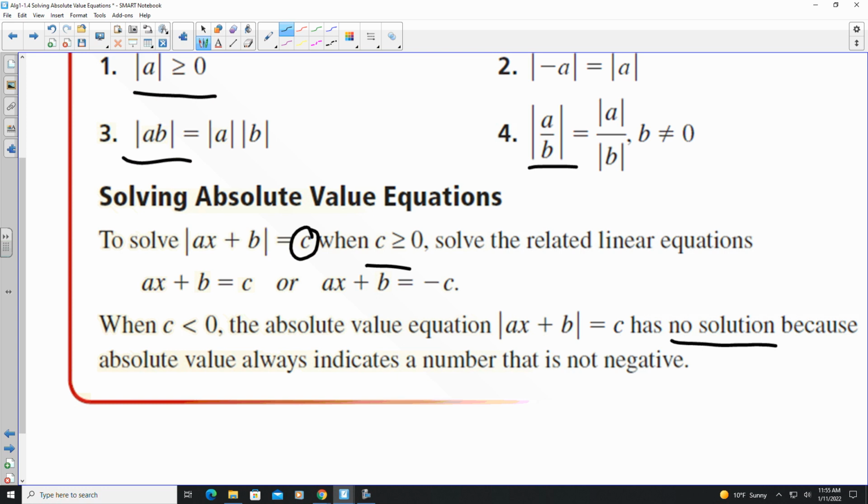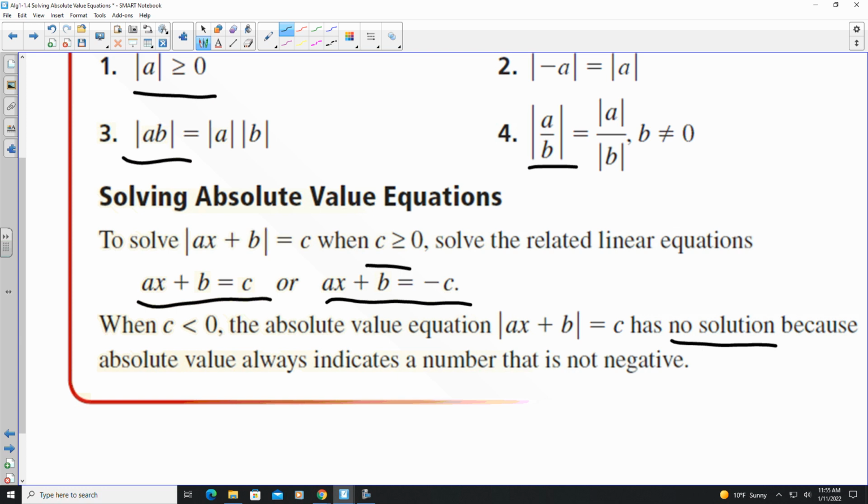If it's positive, we can now set this up as two separate equations. The first one looks similar to the original equation itself. The only thing different is you get rid of the absolute value bars. And the second one looks similar, but the difference is now you're going to be equal to a negative constant value.